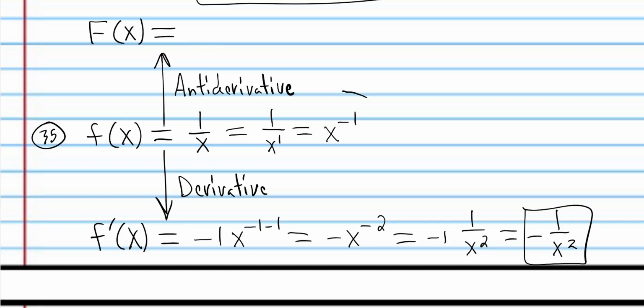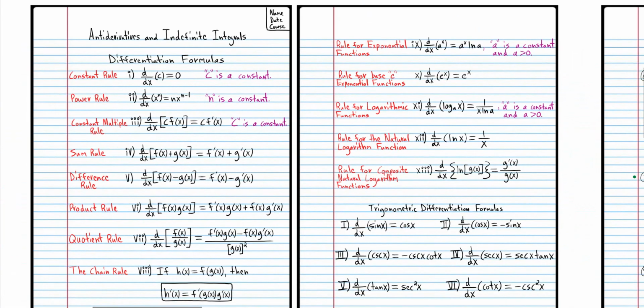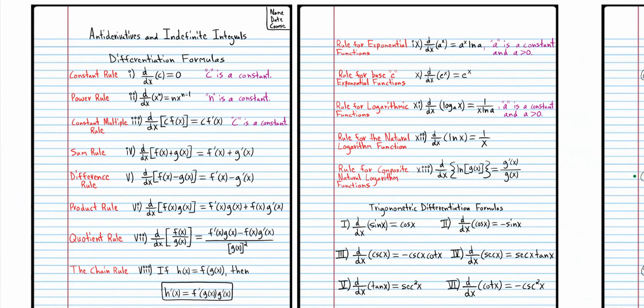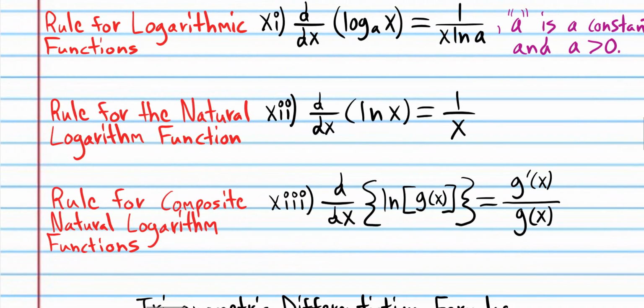So what I want you to do is look at this expression here and go to your differentiation formulas. Can you find a function such that when you find the derivative, you get 1 over x? That's going to be right here.